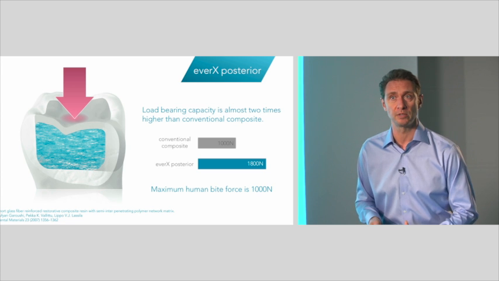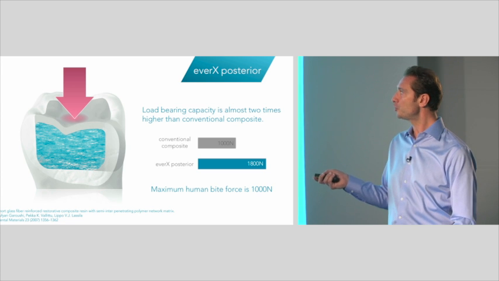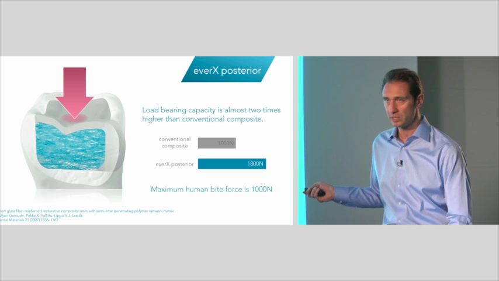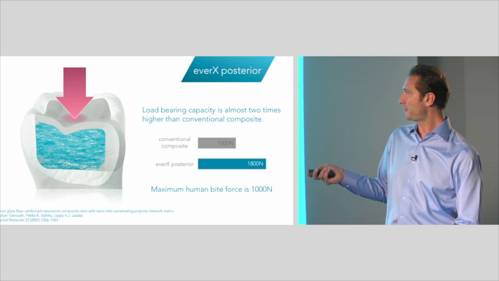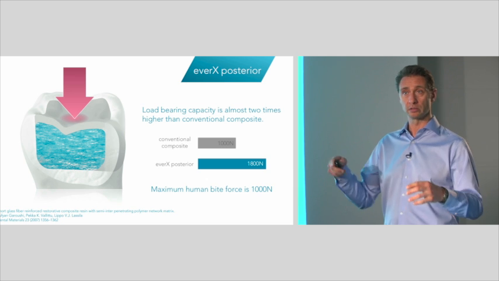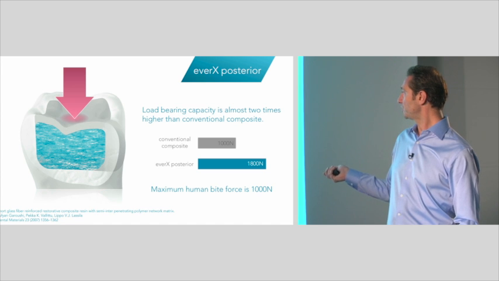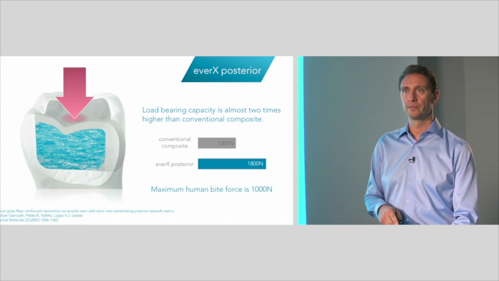It's a dentin replacement material, honestly. So if you look at a combination of Ever X posterior with an overlaying composite, the total load-bearing capacity is much higher than what you can get with composite alone.